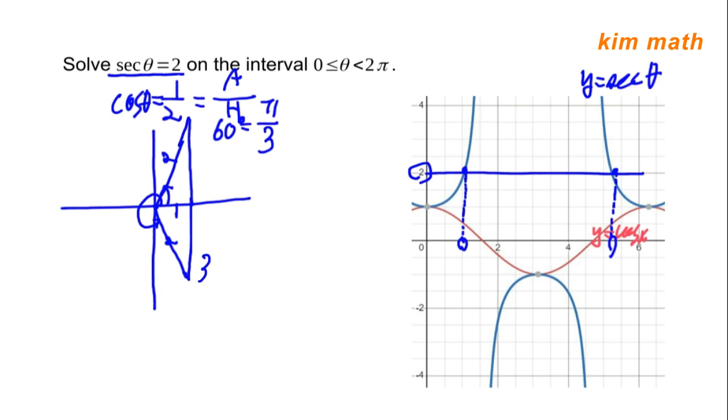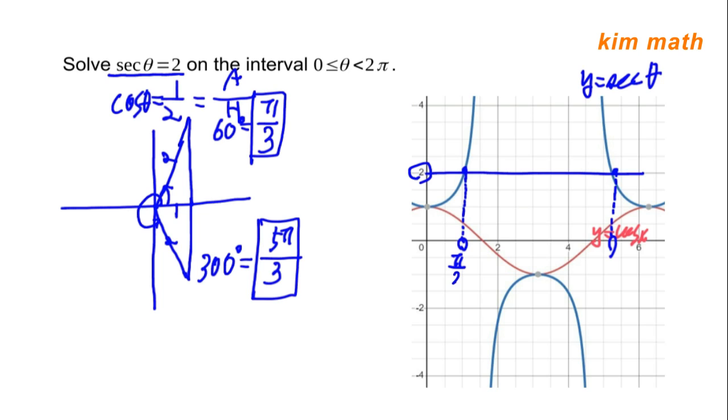So this will be 300 degrees, right? Or 5 pi over 3. These will be your two solutions. So if I label these two numbers on the graph, this will be pi over 3. This will be 5 pi over 3. Good.